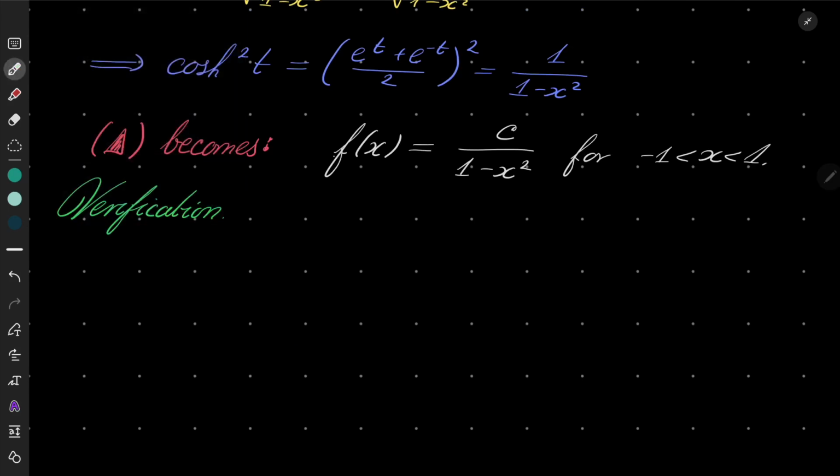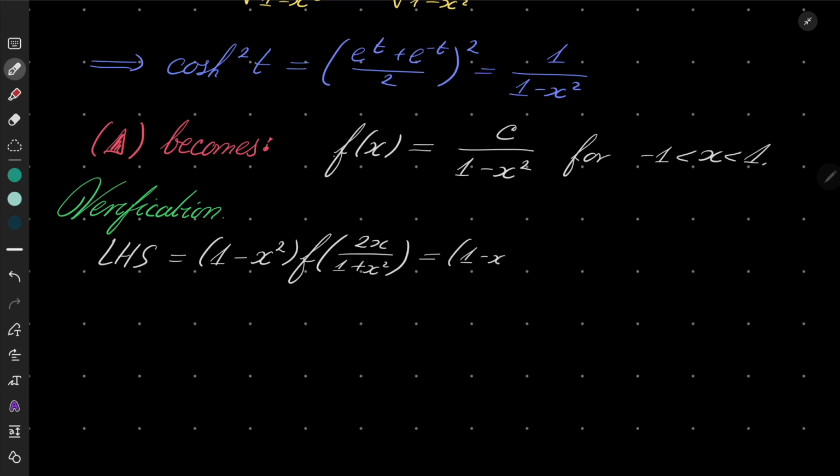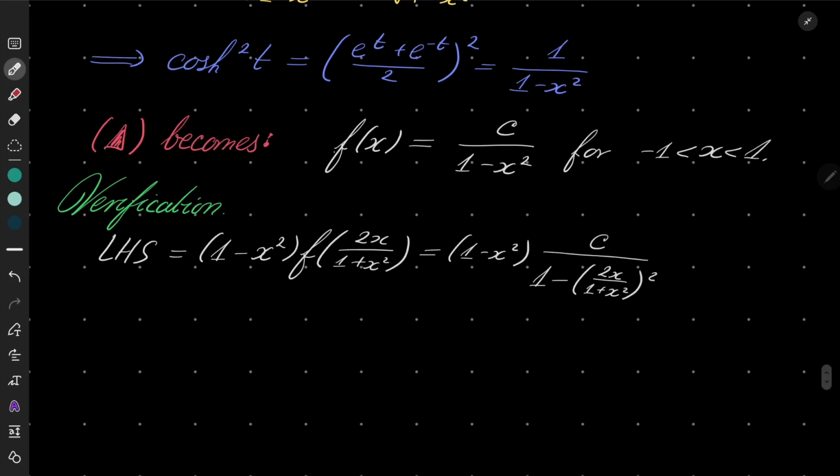Left hand side. On the left hand side we have 1 minus x squared, f of 2x, 1 plus x squared. Let's put it in. Well, 1 minus x squared, c over 1 minus 2x, 1 plus x squared.